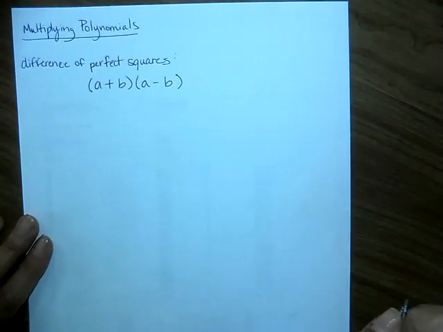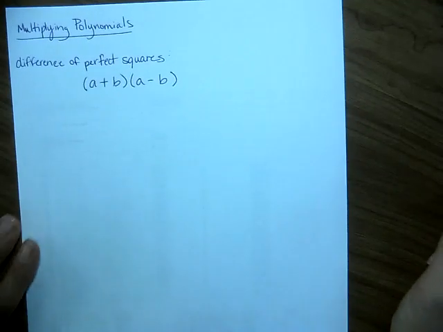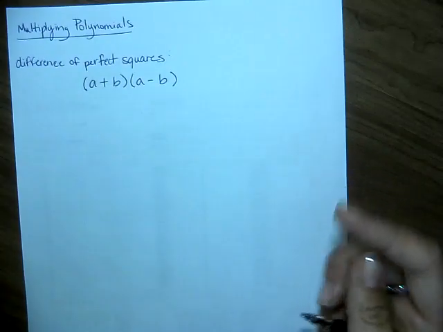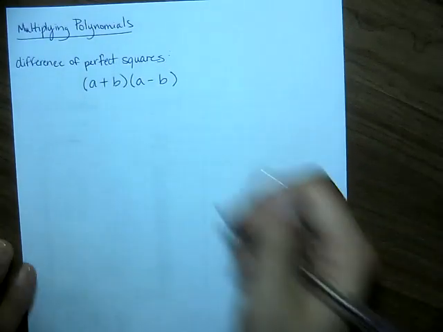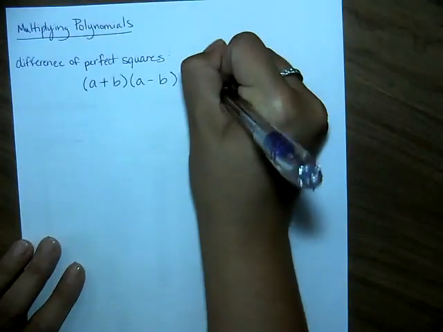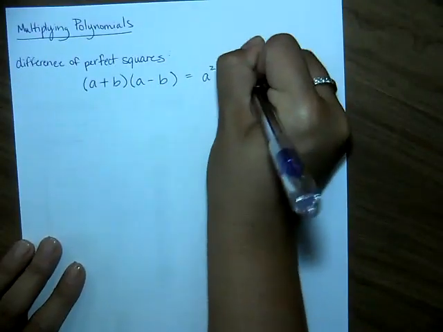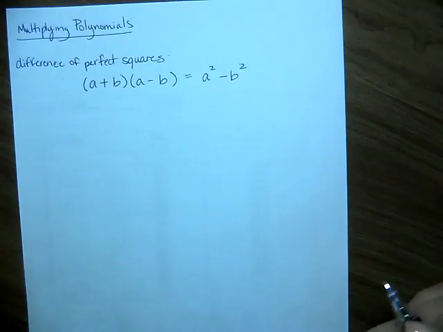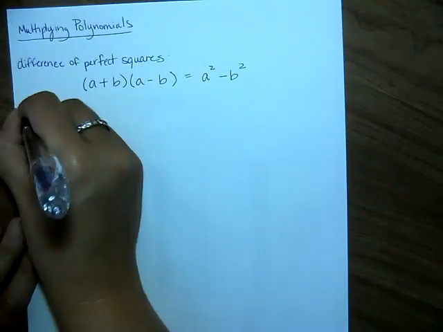Right? We've talked about this already when we were multiplying by the conjugate. When you have this situation and you distribute or you FOIL, those middle terms are going to end up canceling, right? So we end up just getting a squared minus b squared because we're going to get a positive ab and a negative ab. So these are patterns that you should be able to recognize. Okay, this helps you to cut corners when you're multiplying, is what we're talking about now.